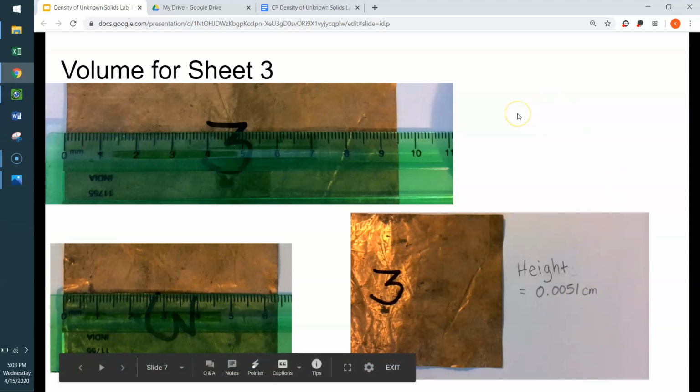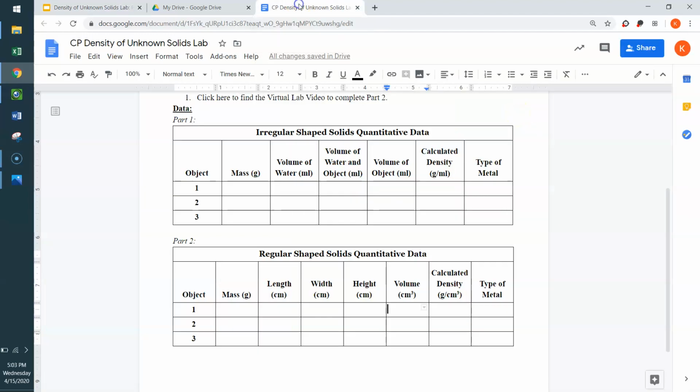Plug in those measured values into your unknown solids lab document under our regularly shaped solids quantitative data. Make sure you're multiplying length times width times height to calculate the volume.